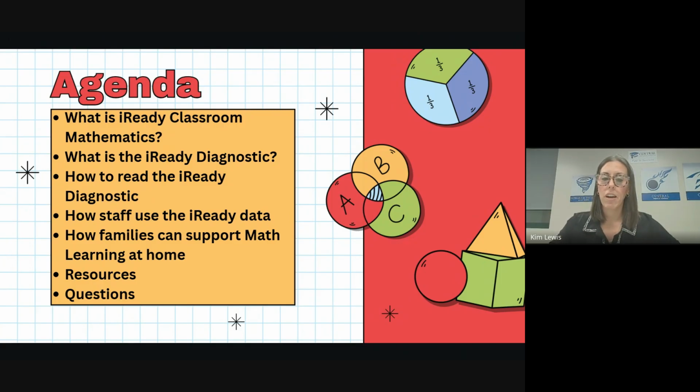We'll talk about how staff use that iReady data. And in that, we'll talk a little bit about how that data will also be woven into our accelerated math placement down the road. We'll talk about how you can support your students' math learning at home, as well as resources that are available from iReady that you can access. And then obviously time for questions at the end.